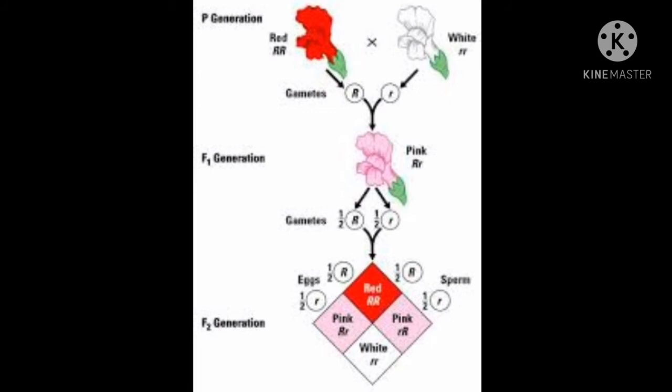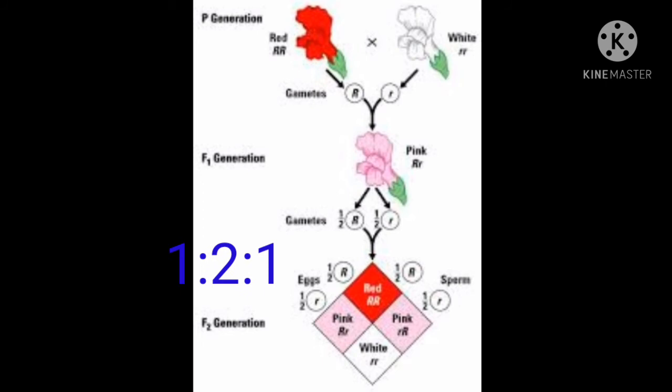The intermediate product is pink with capital R and small r. When the F1 generation is selfed, in the F2 generation we get 25% red, RR, 25% white, rr, and 50% pink, Rr. That is the ratio 1:2:1.